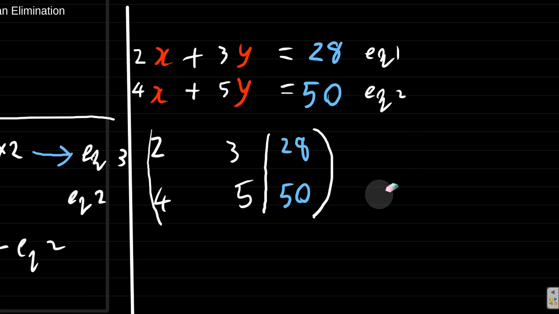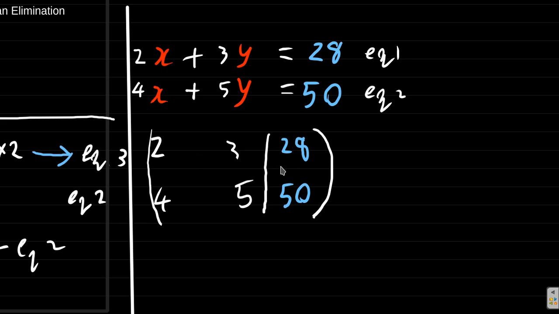So this is what we have here. Now, this is called the augmented matrix, compared to what we had before with the three different matrices, the equal sign and the x and y's. The word augment means to add to or to strengthen.